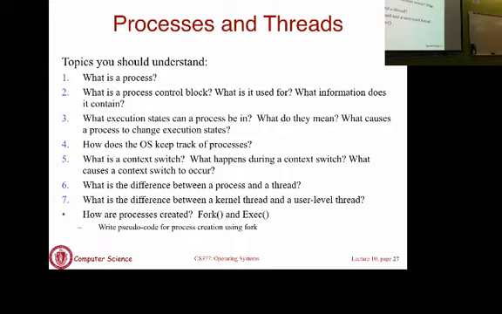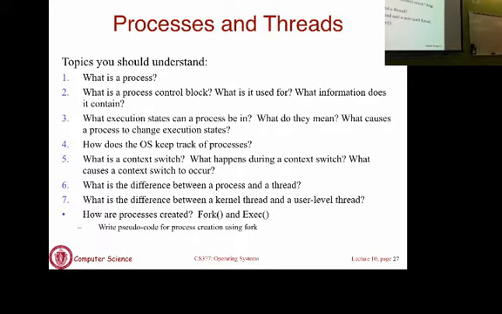You look at its PCB, take all of its registers, load them, load the program counter, and then it starts executing from where it left off. So this is a context switch, saving the state of a process and loading the state of the new process that's going to execute. You need to understand what is going on during a context switch, the saving and restoring of state.